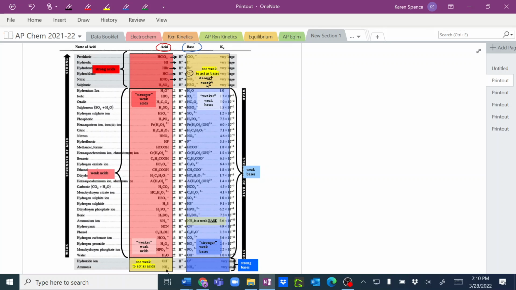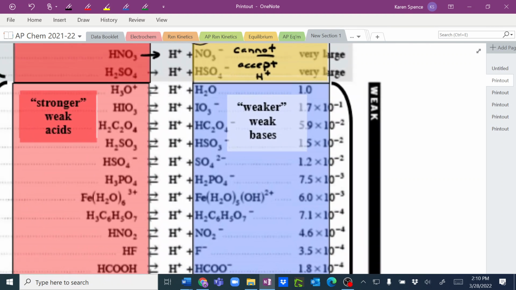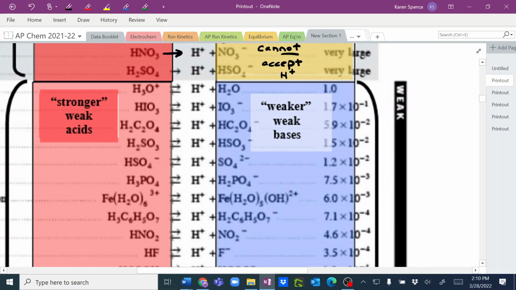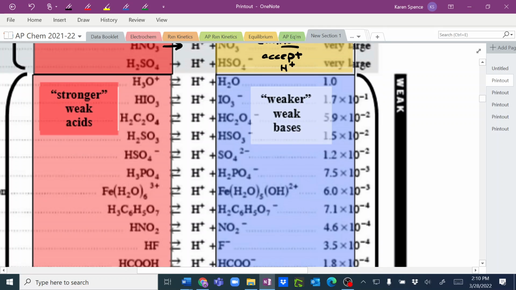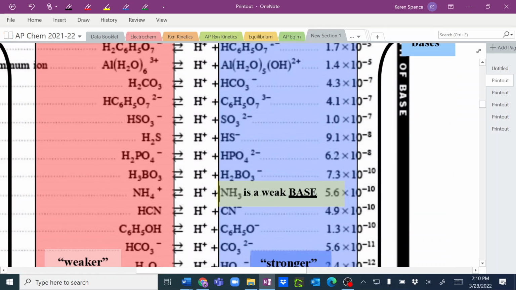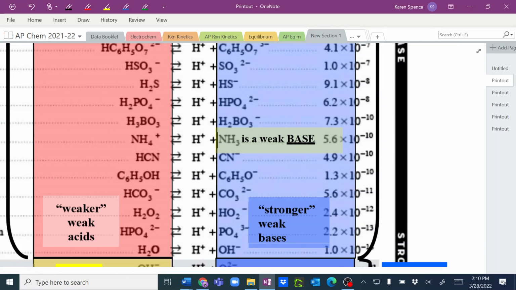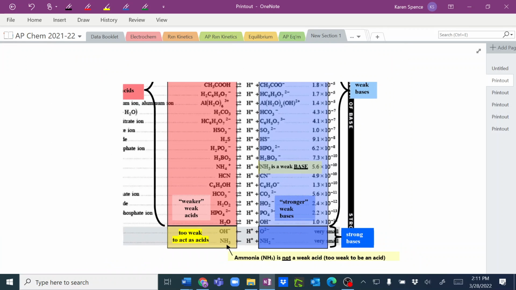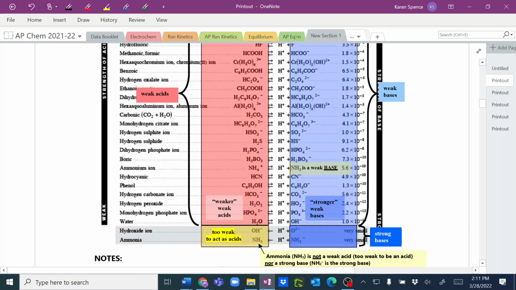But we have our stronger weak acids at the top, and our weaker weak acids at the bottom. If we look on our table and look for the labeling, you can see we have weak here. So the weakest of the weak acids are down at the bottom.